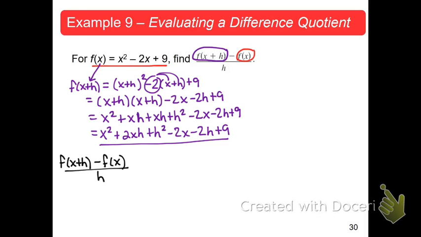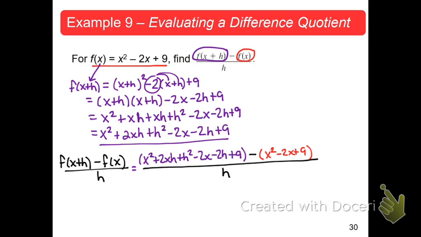So we found f of x plus h, which is what I did in purple there. We know that this is x squared plus 2xh plus h squared minus 2x minus 2h plus 9. And then we know it's going to be minus f of x. Well, put that in parentheses. And we said f of x was x squared minus 2x plus 9, and that was all over h.